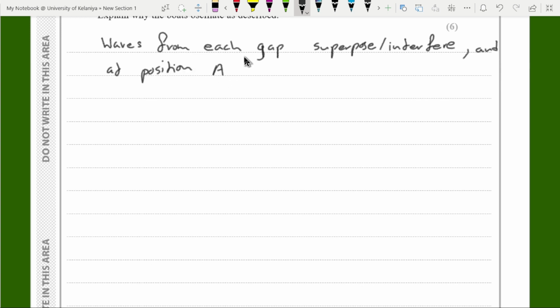And at position A, there is no path difference or phase difference. Why is it oscillating at large amplitude?